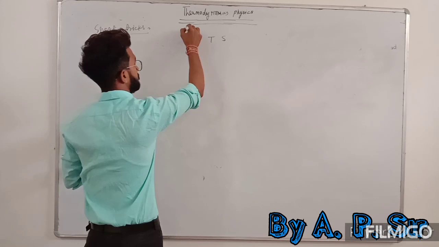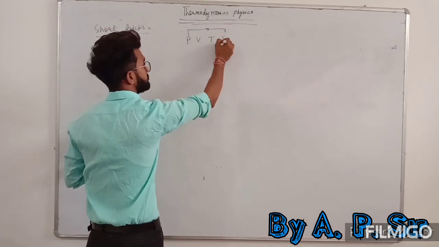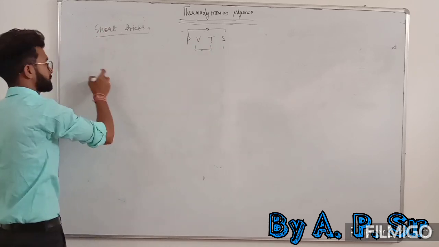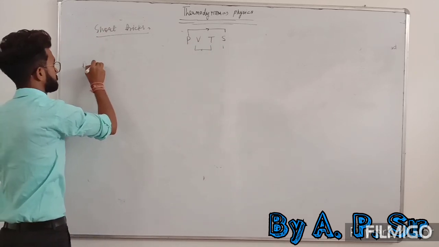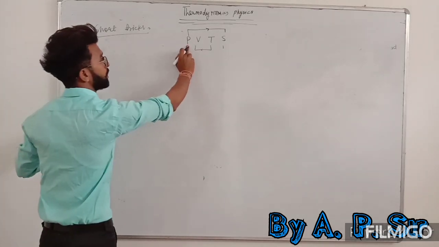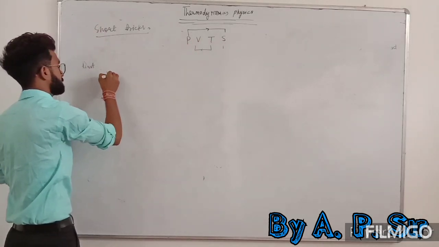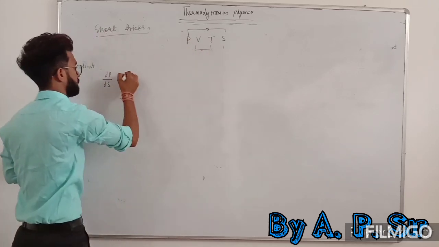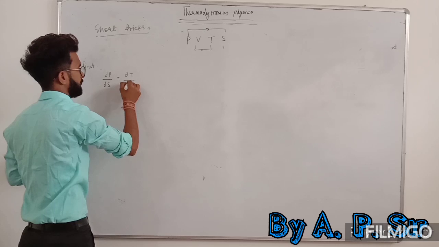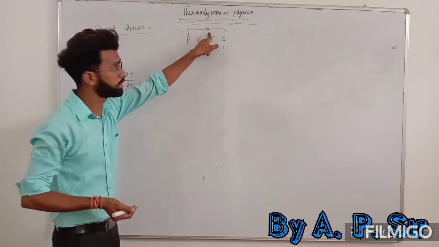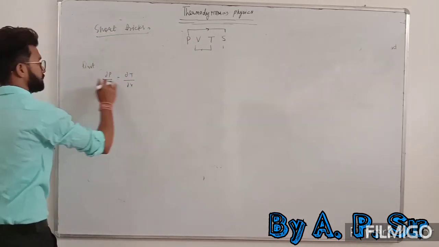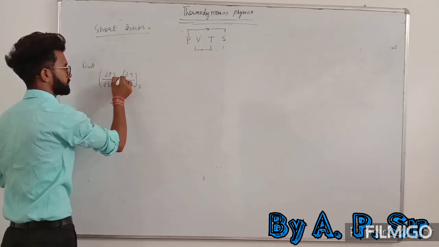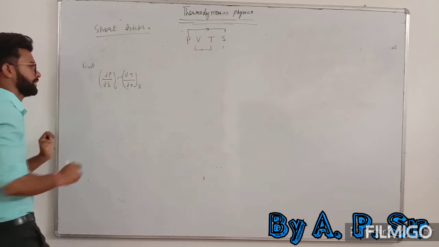Then make a circle: P to S and T to V. Then for first, del P upon del S is equal to del T upon del V. Show their arrows. Then V constant and S constant and tap their negative sign.